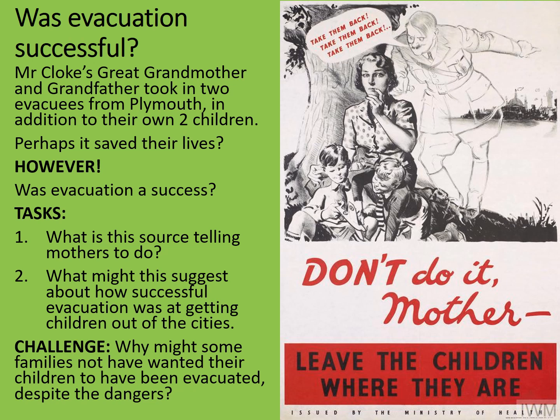So what might this suggest about how successful evacuation was? Well, actually, it should suggest to you that evacuation wasn't necessarily that successful. If it was, there would be no need for a poster telling people to keep their kids in the countryside. Clearly, many mothers and fathers had asked their children to return home, or children had begged to go home because they were so homesick.